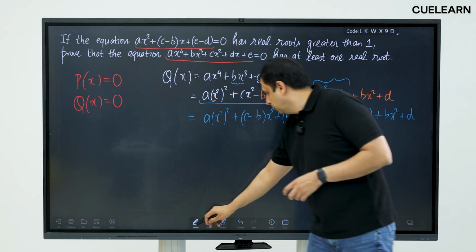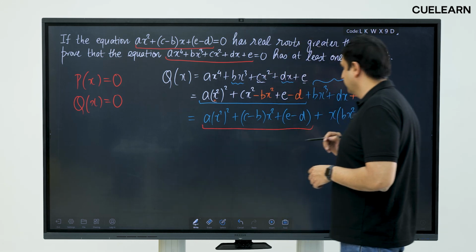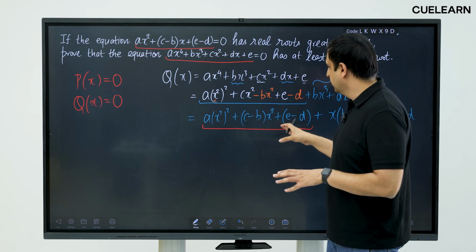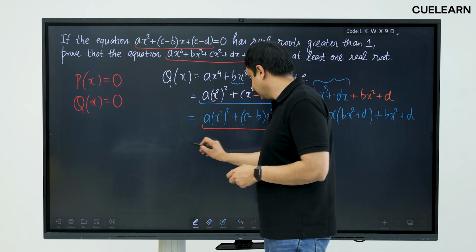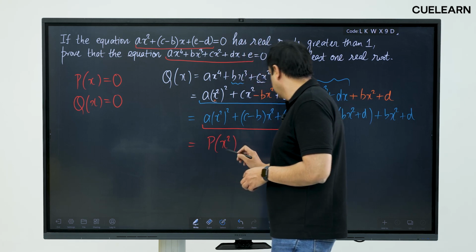Now what I want you to observe is that this expression, what is this really? If you compare it with the structure of p of x, this is actually the polynomial p, but with the variable x square. So, that is what I was trying to get to. So, this is p of x square.